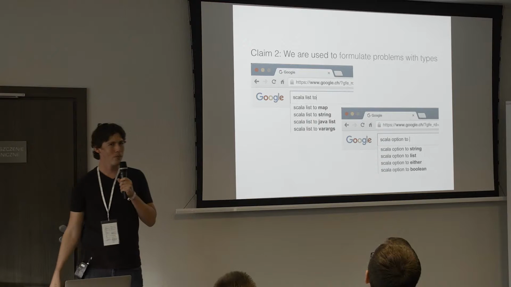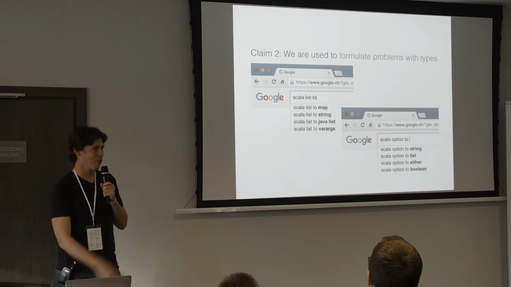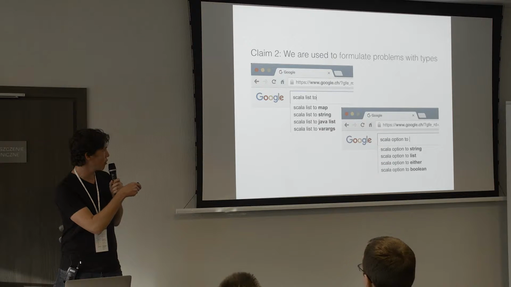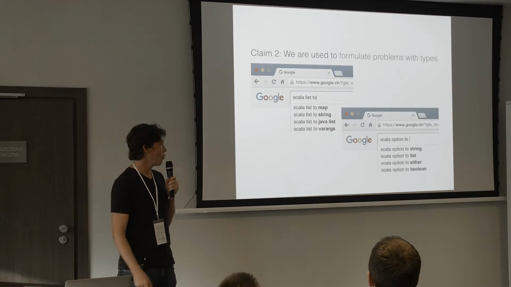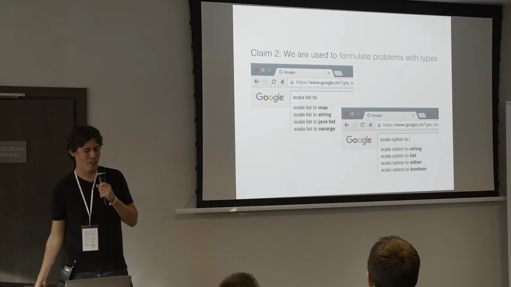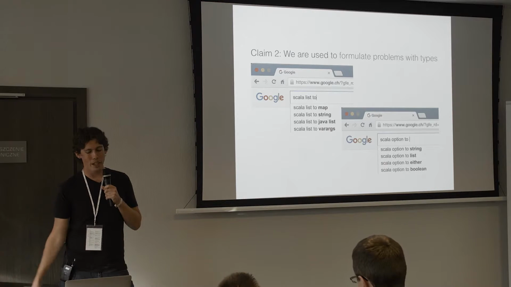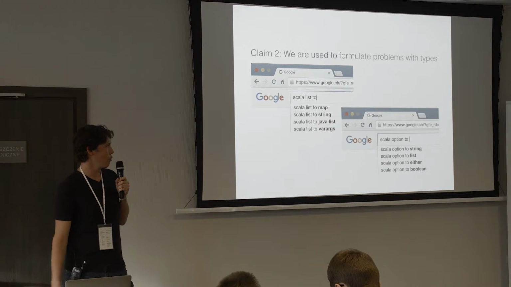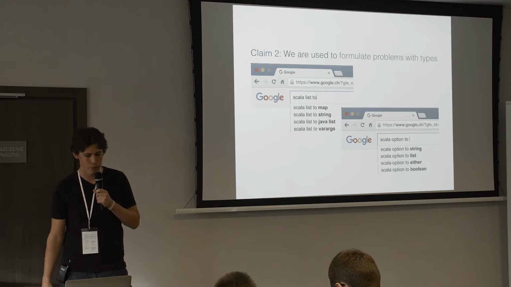Also, Google knows this. So when you search for something without my personal filter bubble, so this is in private mode, you also will get some recommendations that are basically a type, list to map or to string or whatever.